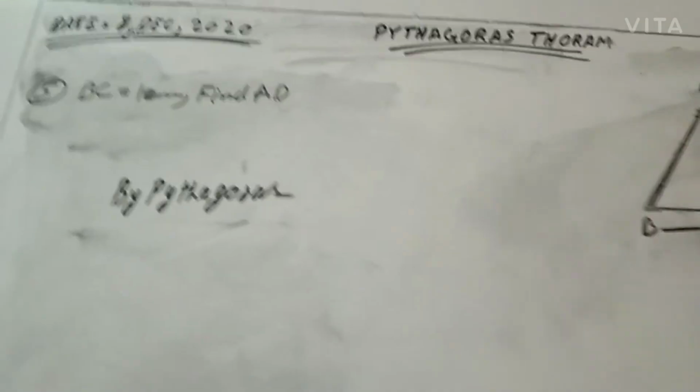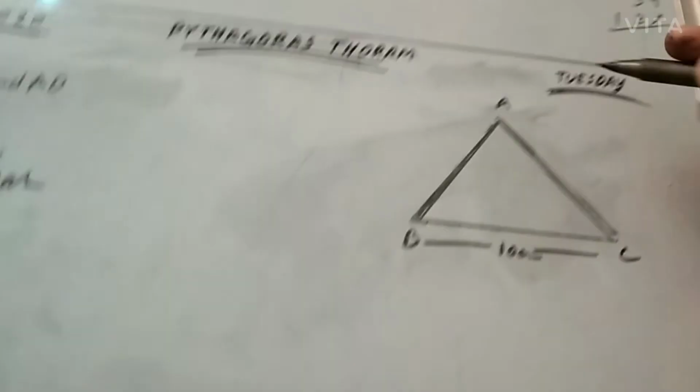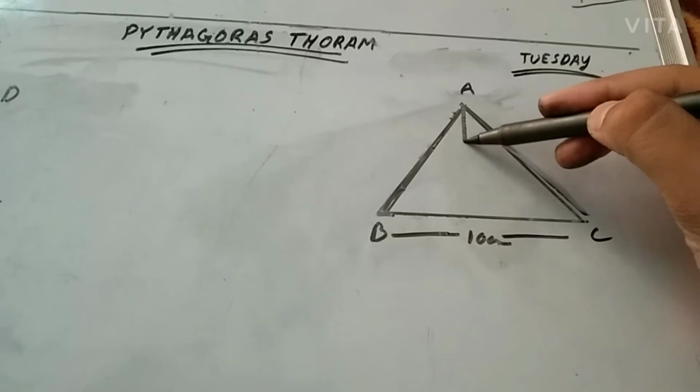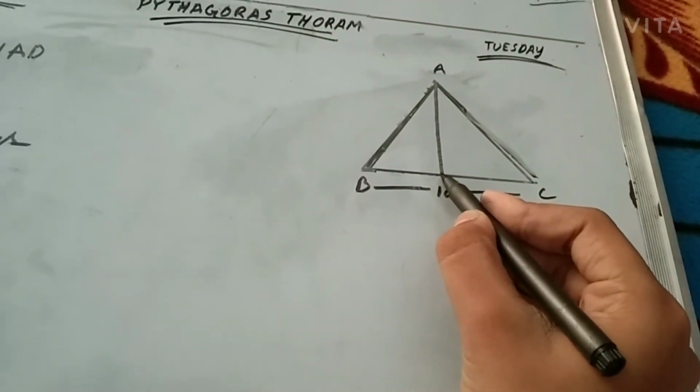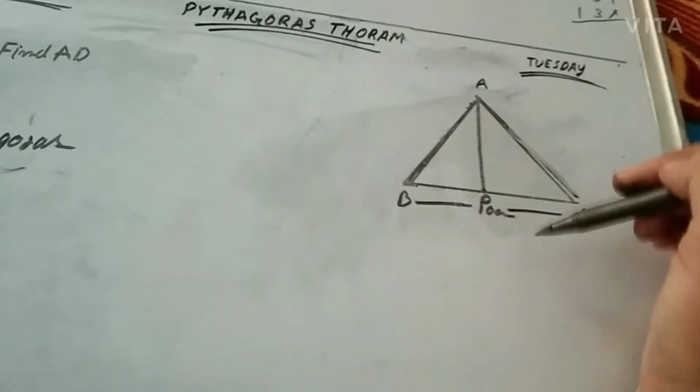And find AD. So here we will draw a line from A to the bottom base. So this point will be D. So this line is AD.